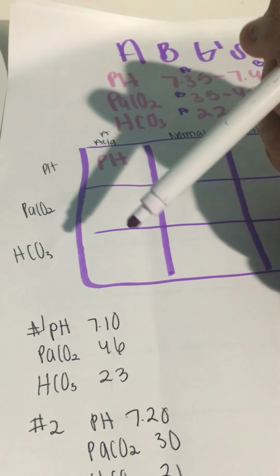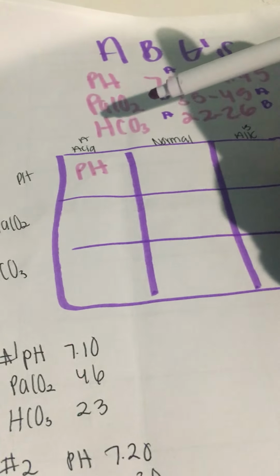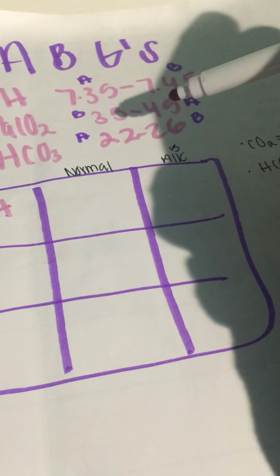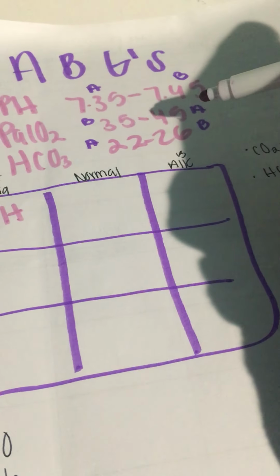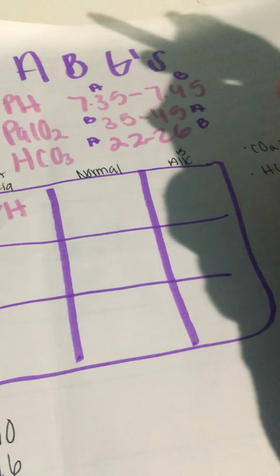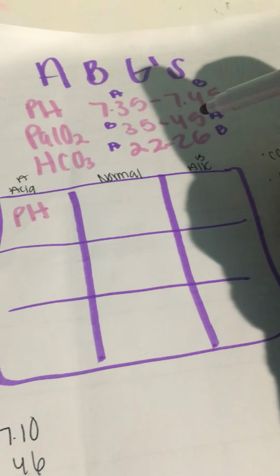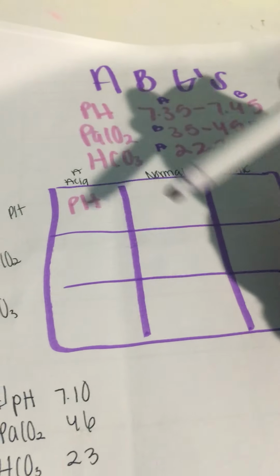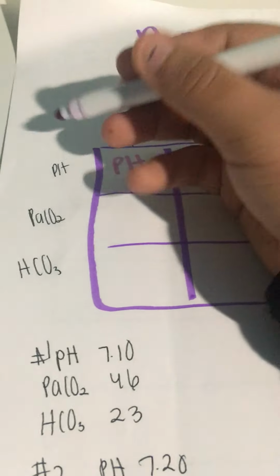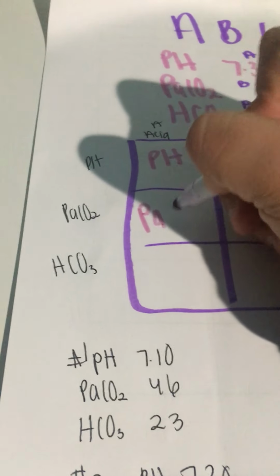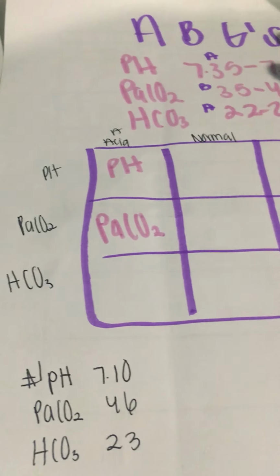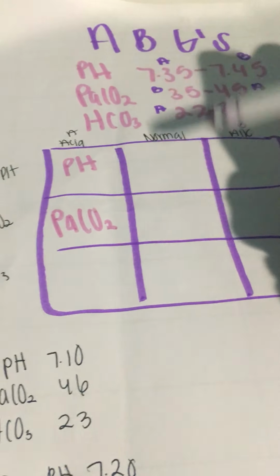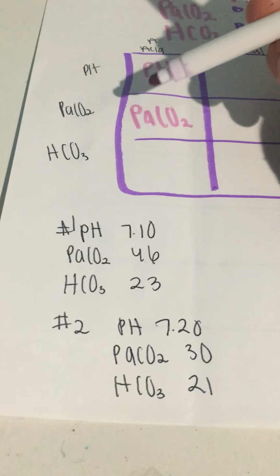For the PaCO2, it's 46. So 46 is above the normal range, and it's acidosis because it's above 45. So on our grid, we put PaCO2 under acidosis, because it's not within normal range.